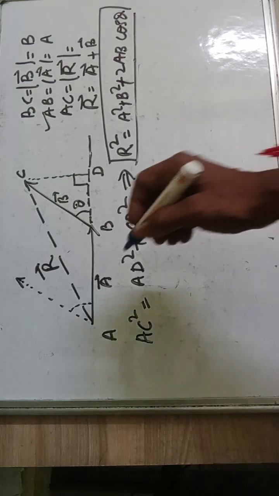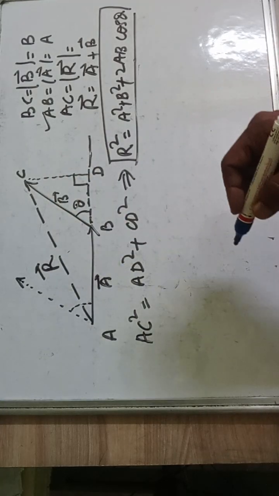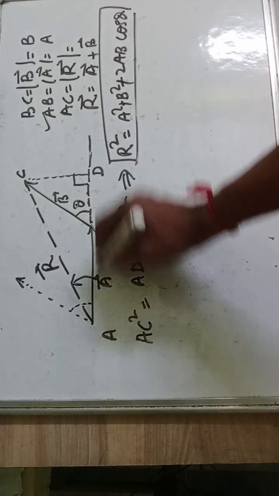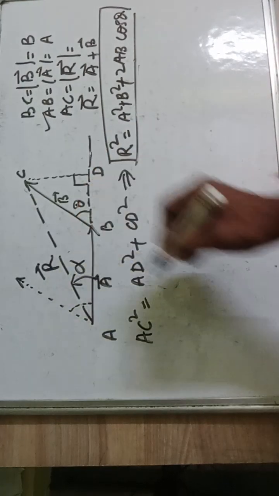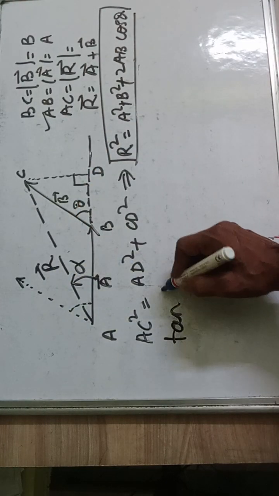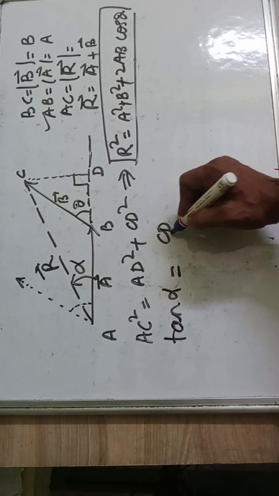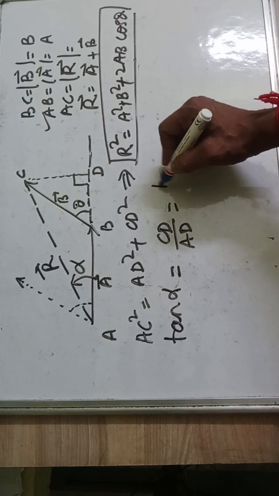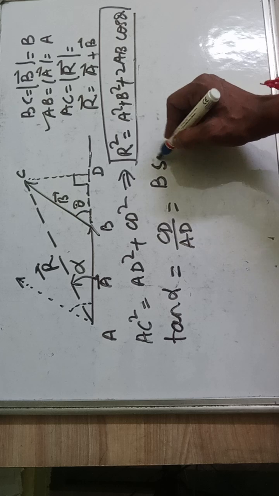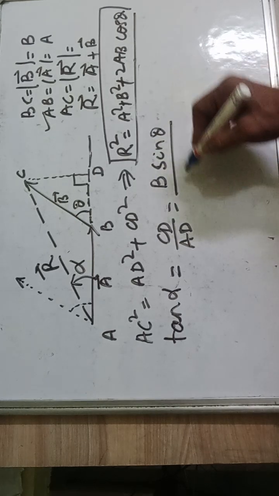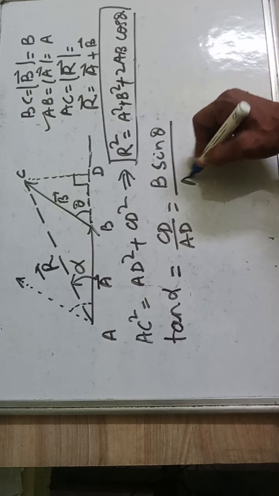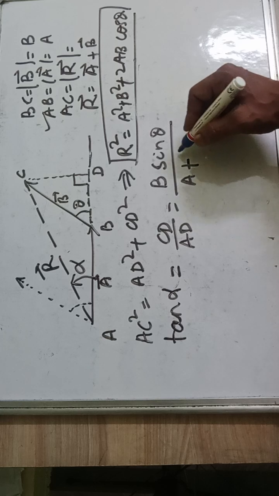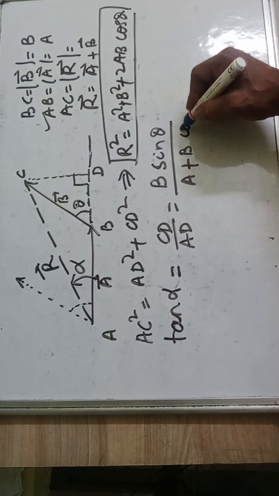Now what will be the direction of this resultant vector R? This is the angle it will make with vector A. Suppose this is alpha, then tan alpha will be CD by AD. CD is our B sin theta by AD, which is AB plus BD, or A plus BD, which is again B cos theta.